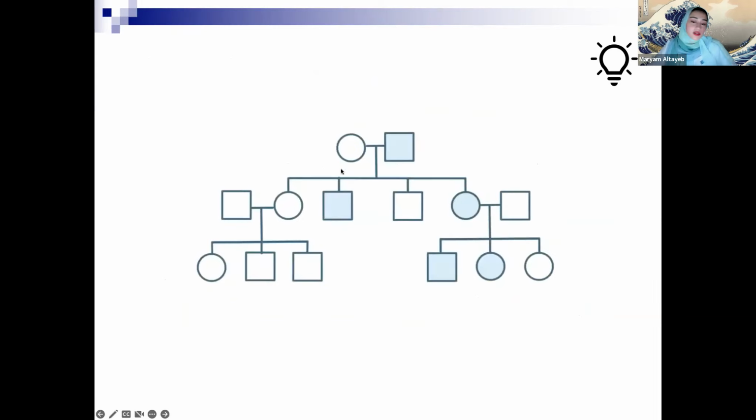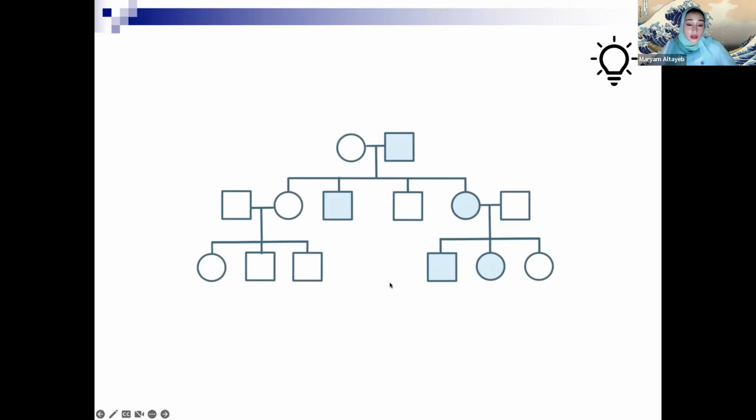But what about this one? We can see, first of all, both males and females are affected, and they're affected equally. So we think, okay, maybe it's an autosomal thing. Males can pass it on, females can pass it on, but it doesn't affect everyone. But it's present in every generation.